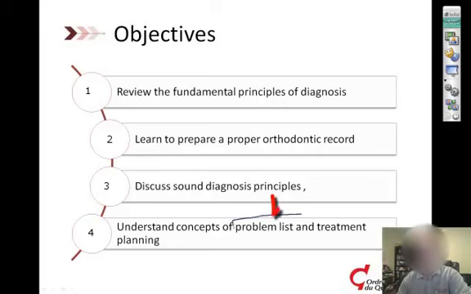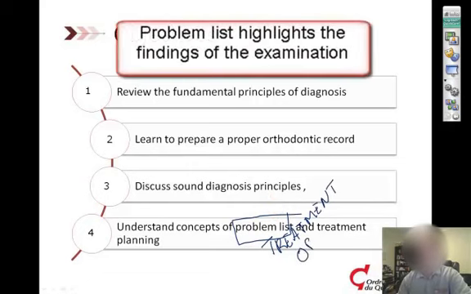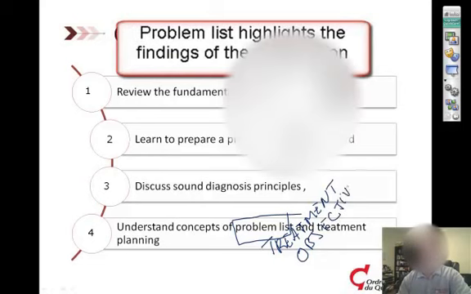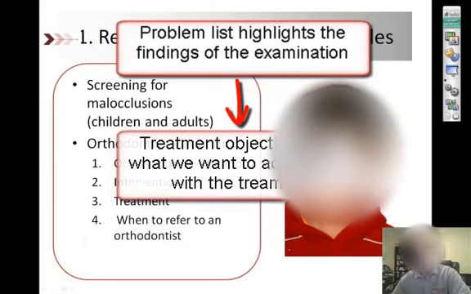So we have the diagnosis, and then from the diagnosis we are going to get the problem list, which is right here. You can also call this treatment objectives, which means what do you want to do, in which order. This is not mechanotherapy. This is just what I want to do. An example, you may say there is a patient with a class 2 malocclusion.